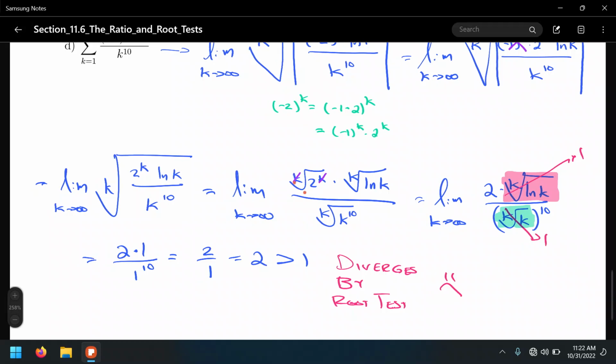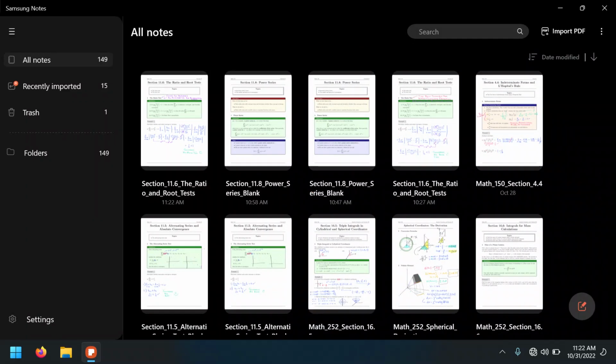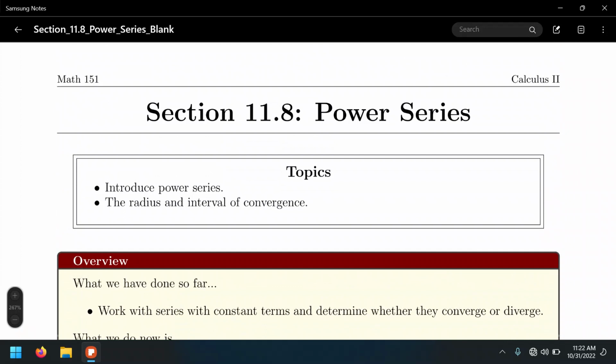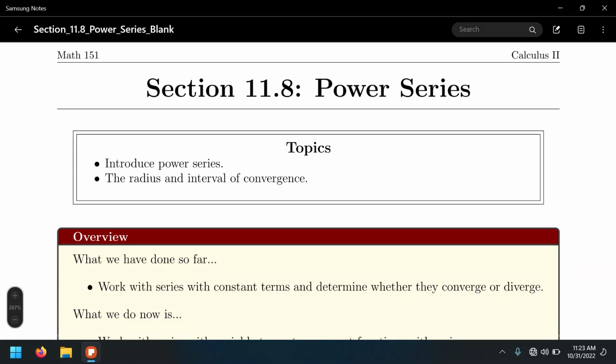The next section, 11.8. We're going to introduce a new kind of series, the power series. Well, what are power series? So number 1, so far we have worked with series from sections 11.2 to 11.6.